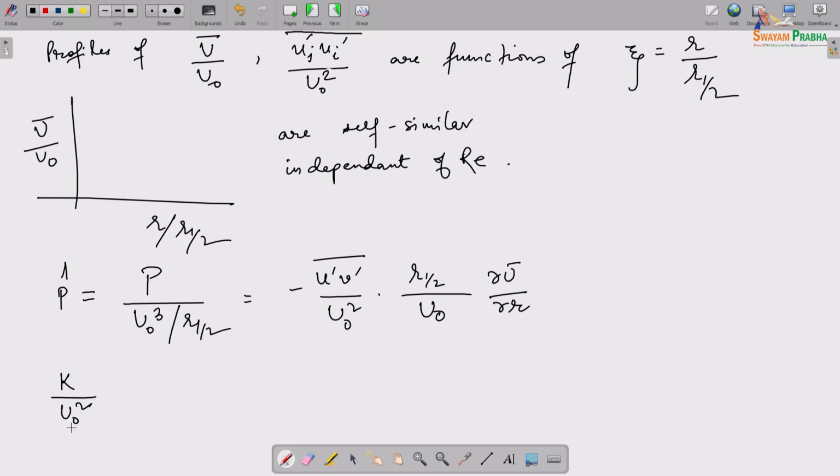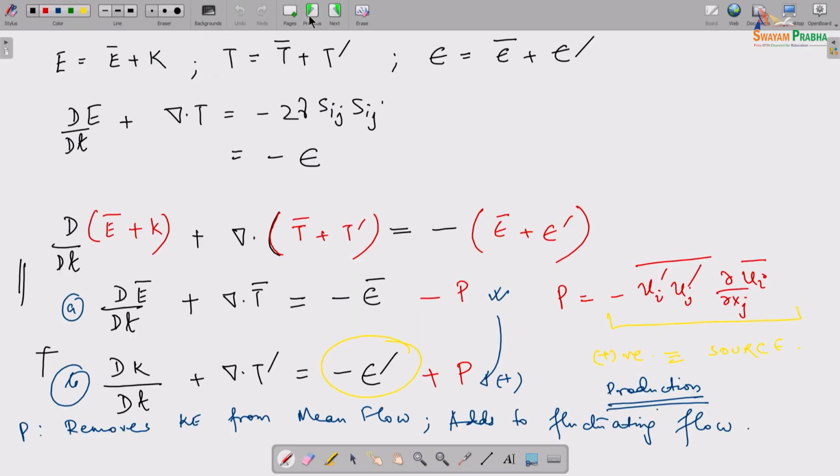Essentially what I'm saying is, let us just go back to this equation. If you look at this equation here, what we've just said is that we're going to scale this production with u naught cubed by r half. Now we're going to do the same thing over here.